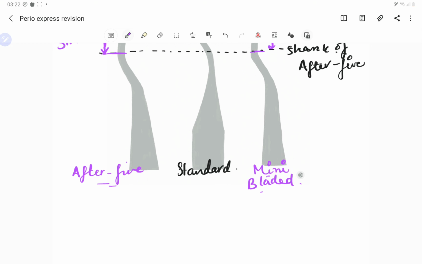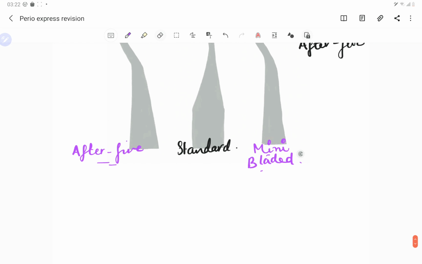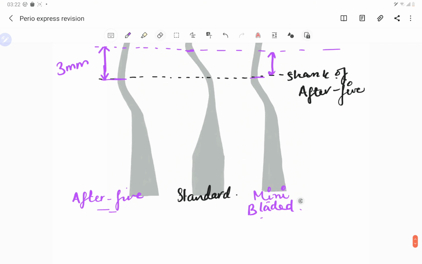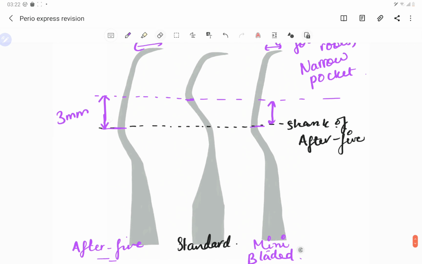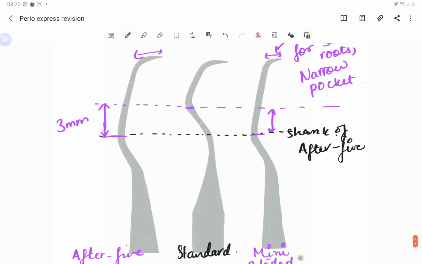11, 12 is for, again guys, 11 remember mesial, right? And 13, 14 is for distal, and then 17, 18, 15, 16 are the modifications. We have also covered the after 5 one. So after 5 has got the elongated shank by 3 millimeters, but the blade width is decreased by 10% for after 5, and the same is with the mini blade.